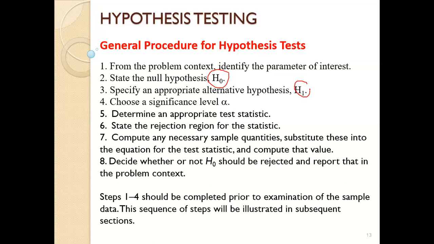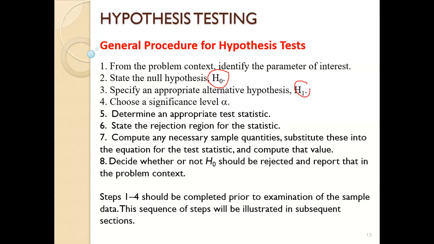Step 6, and step 7, compute the sample quantity. You calculate the chi-square, the T test, or the Z test, that is Z0, T0, chi-square 0, compared to the critical region. And the last step, you compare your test statistic and conclude whether you accept or reject.